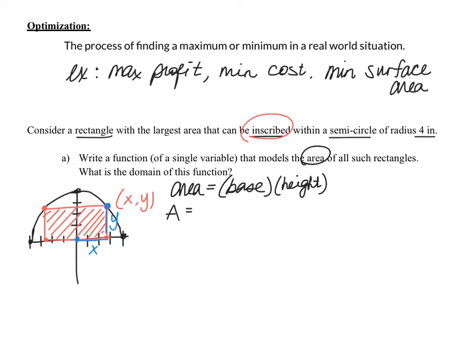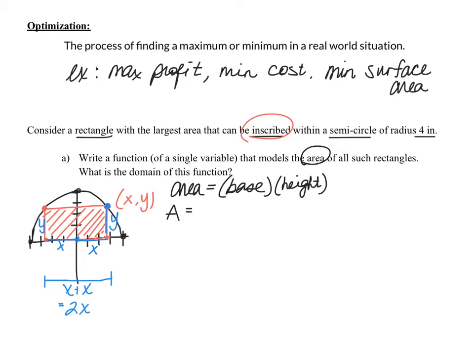And if I were to go to the left from the origin, I would also go left a distance of x, and then once again up a distance of y. So what that means is the base of my rectangle, which goes all the way from the left side to the right side of the rectangle, it's really x plus x, which means the base of my rectangle is 2x.